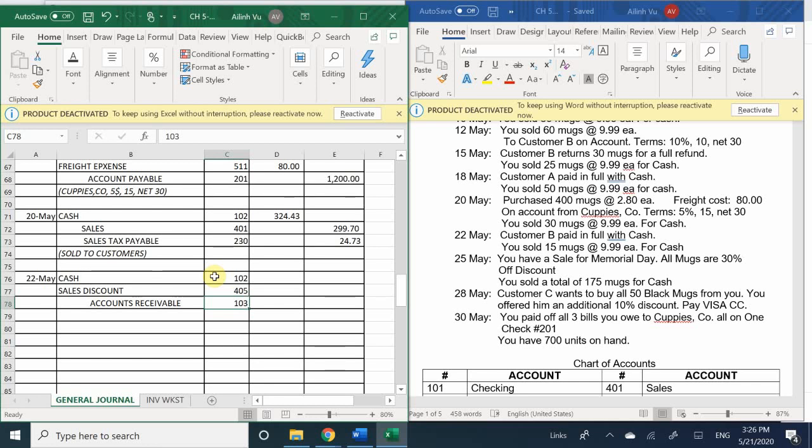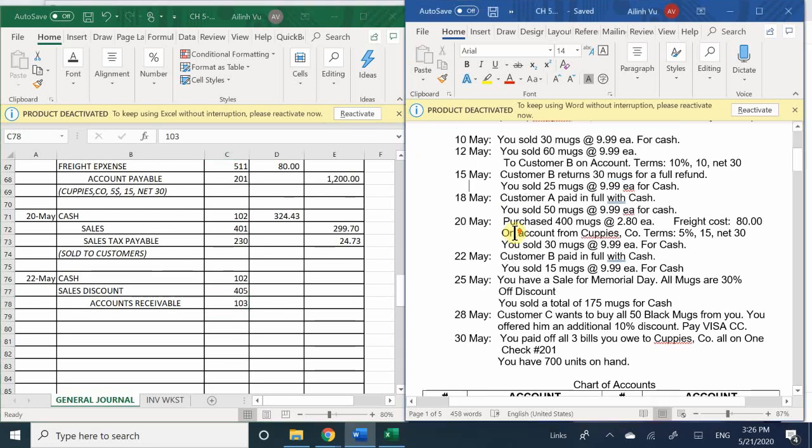Okay, but let's look at this question again. What did customer B do? He paid in full in cash, but did he come to us before he paid? Okay, let's go back a few scenarios.